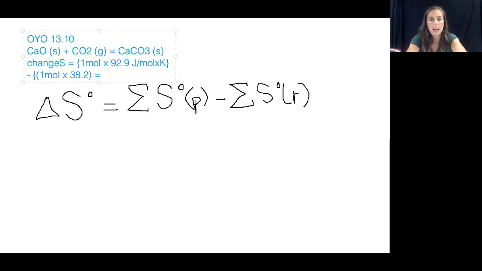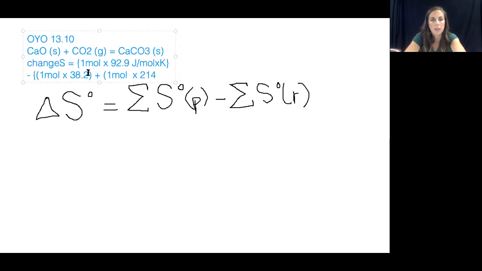Okay, and then we need to add our other reactant here, CO2 gas. So let's look at the table for CO2 gas. That's right above CaO in the solid form. And again, I have 1 mole of it because there's no coefficient there. So 1 mole times the value is 214.